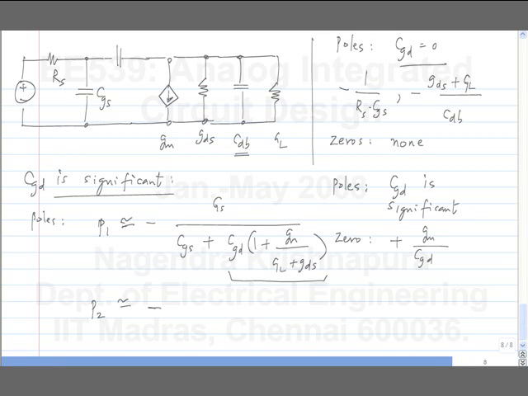It is GM times this capacitive ratio plus whatever conductance you see at the output, which again may be negligible compared to GM times the capacitive ratio, divided by CDB plus CGS in series with CGD.